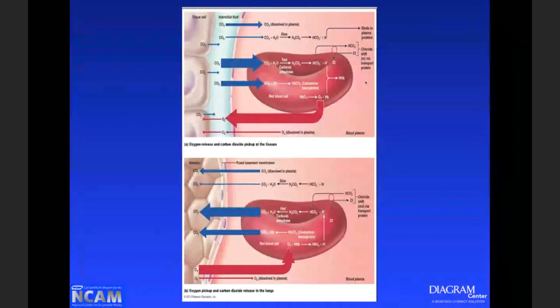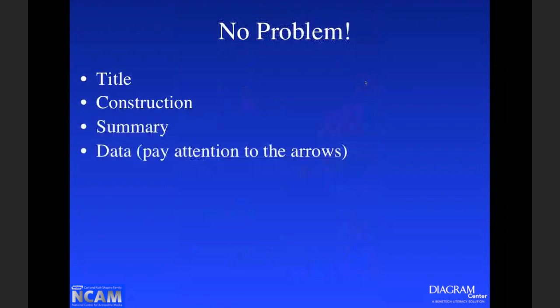And unfortunately, this was sort of a standalone image in the book that it came in, and so the description had to do all of the work of explaining what was going on in this complex image. But the approach is the same. You know, is there a title? What is the construction of it? Is there a summary?